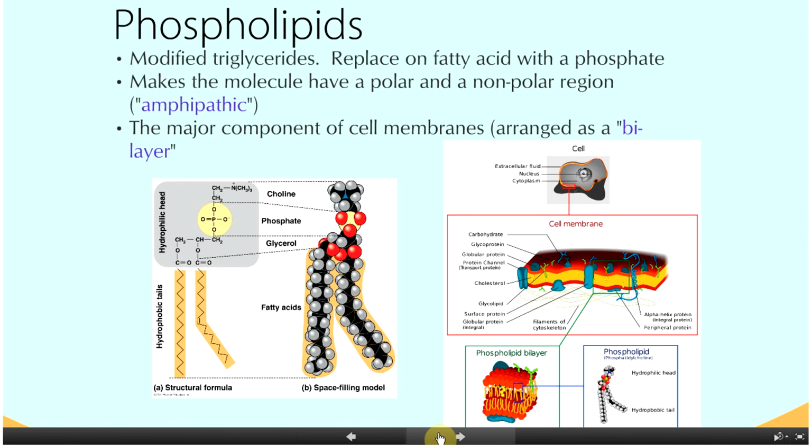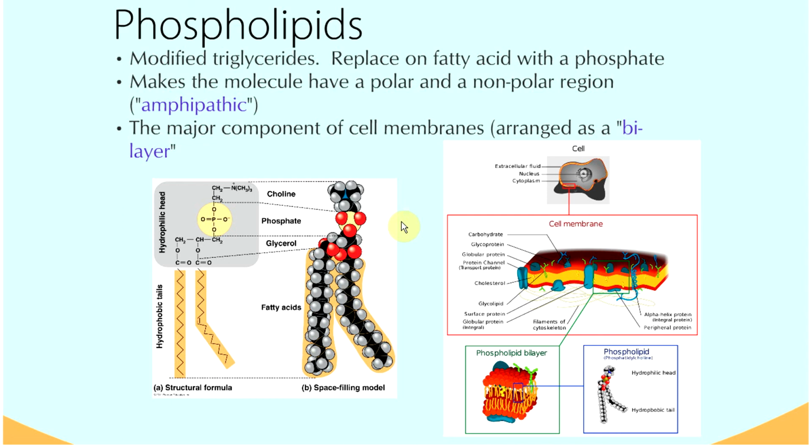Phospholipid molecules are our next type of lipid. They are similar to the triglycerides, but they are not exactly the same. Instead of having 3 fatty acids, they only have 2 fatty acids. They also have a glycerol molecule just like the triglyceride, but they have an additional phosphate group on top.